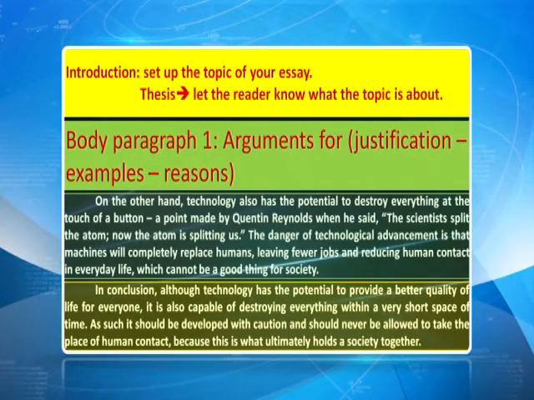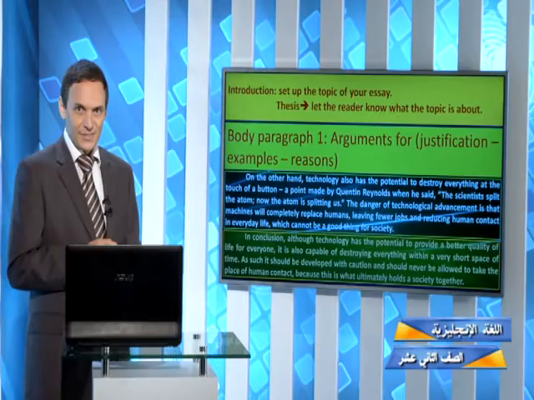The second paragraph is body paragraph 1, in which you present the arguments in favor of, or the arguments for. With the arguments for, you provide justification, you provide explanation, you give examples, details, and also reasons, right?